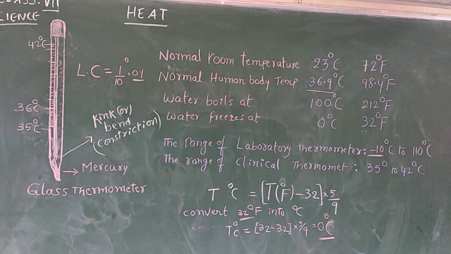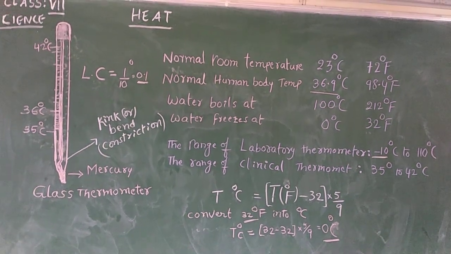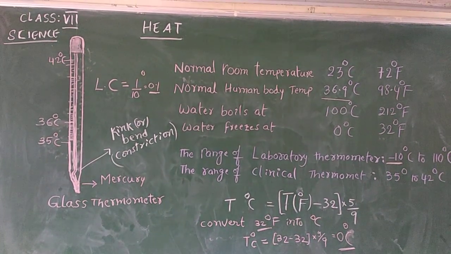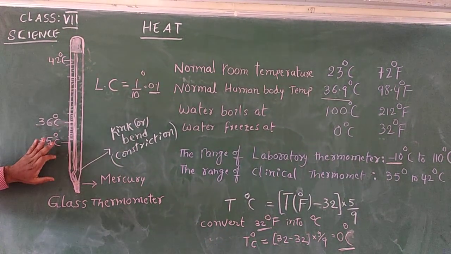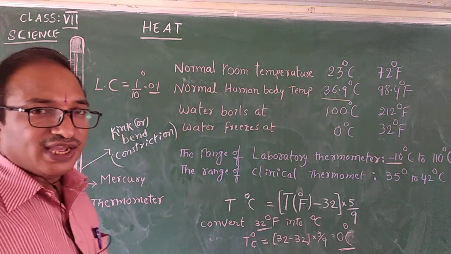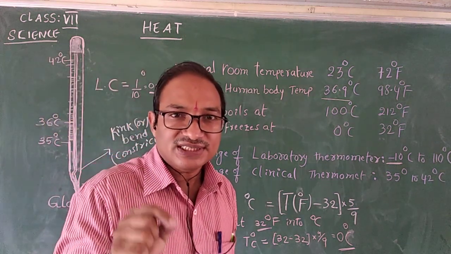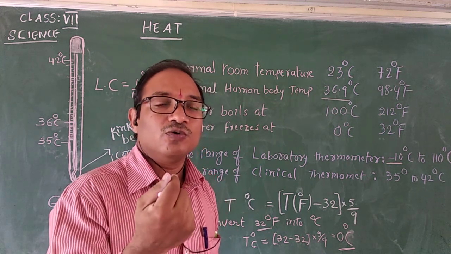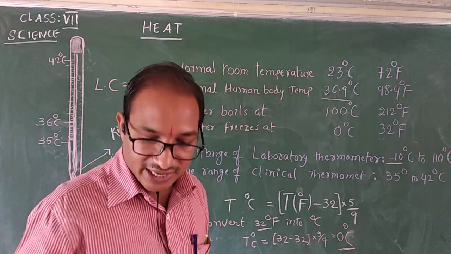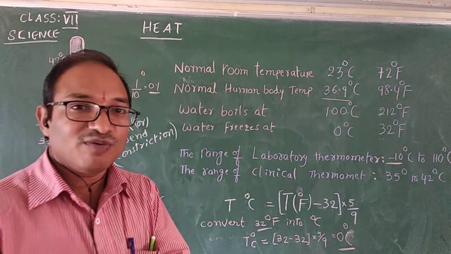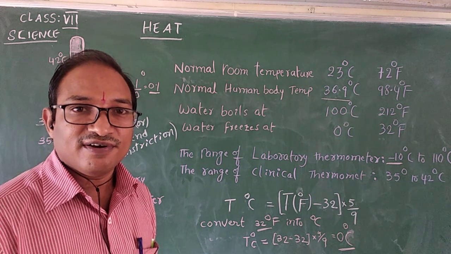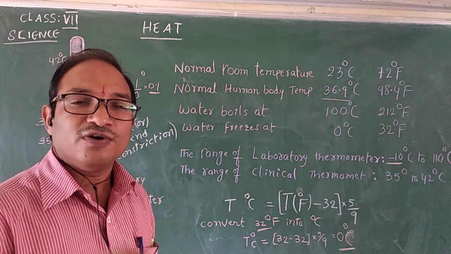Right? Yes. Now let us explain how to measure the temperature of the human body. When we go to the doctor, he asks us to open our mouth and inserts the thermometer like this, below the tongue. He will keep it like this for 1 to 2 minutes.